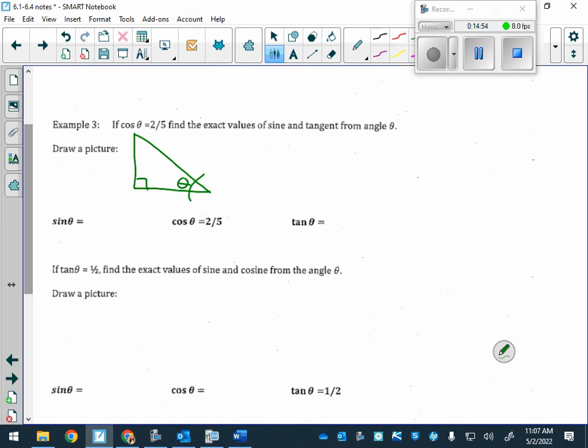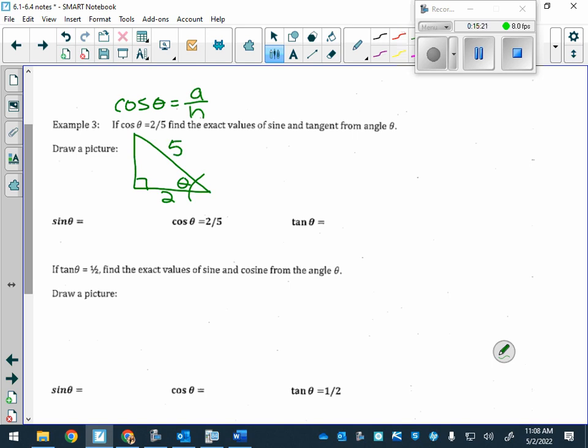Okay, so cosine, remember, adjacent over hypotenuse. So, across from theta, this is our what? Opposite, right? This would be at the bottom, adjacent. So what value would that be? 2. Across from your 90 is your hypotenuse, which would be what value? 5.